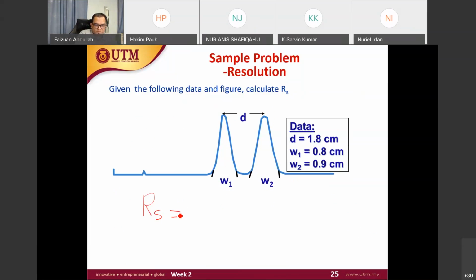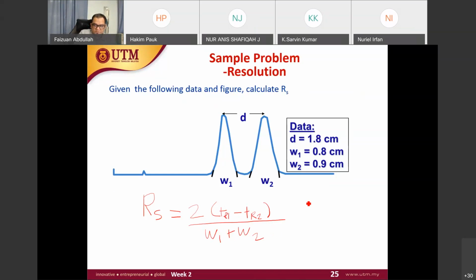RS is equal to TR1 minus TR2, divided by W1 plus W2.